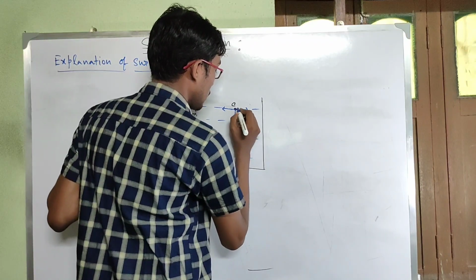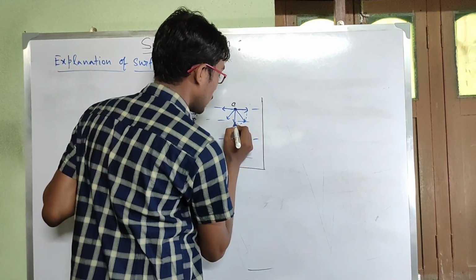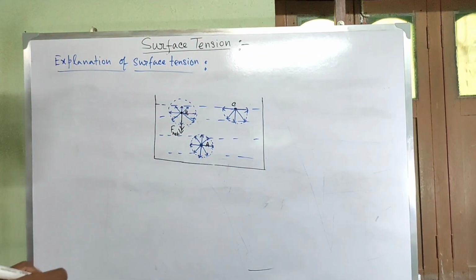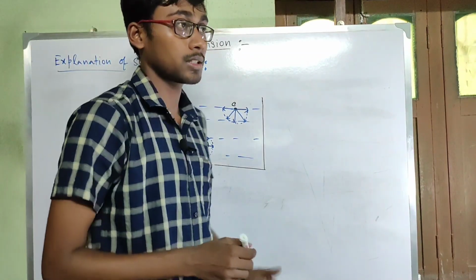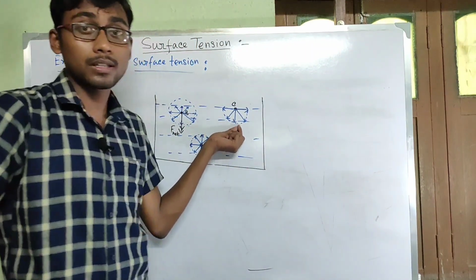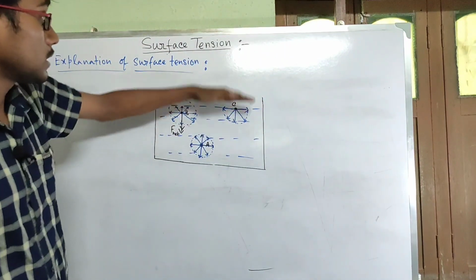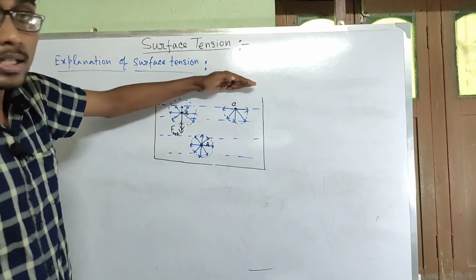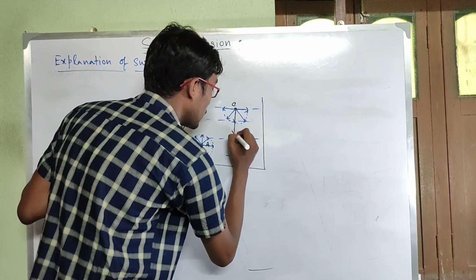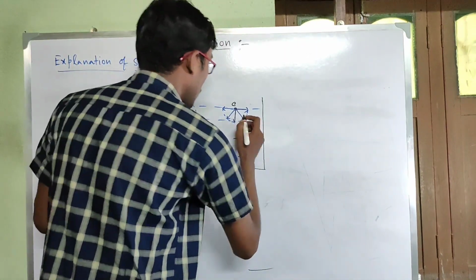Here also there is a net force in the downward direction, but it is maximum, because there is no particle on top of the molecule. So for the molecule C, the resultant force is greater.